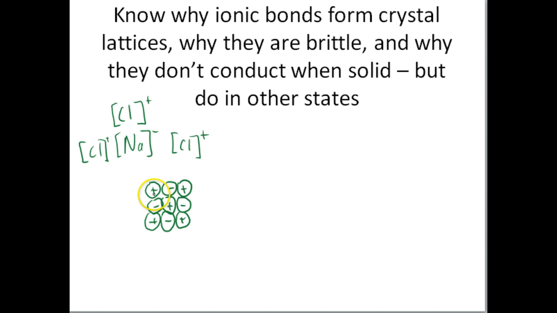They won't move. Also, if you were to push one row of atoms down, you'd end up with this positive charge next to this positive charge, and it would just split right apart. And that's what we mean by it's brittle.